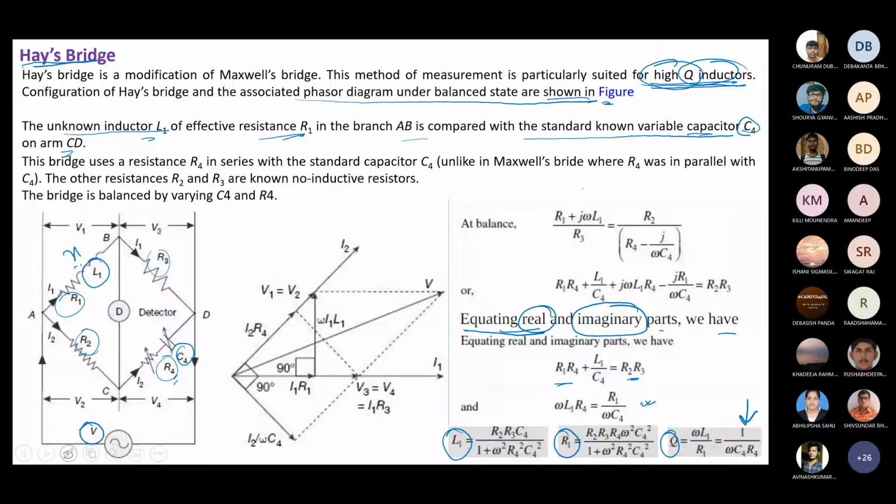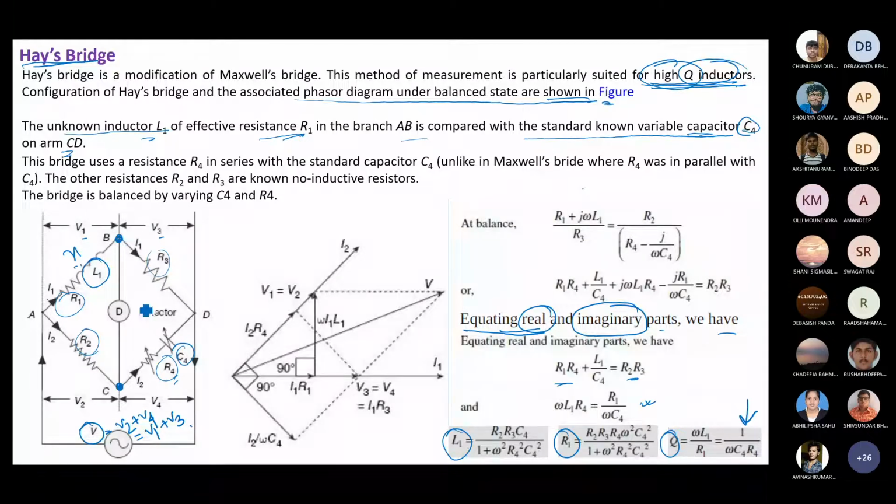You know that V equal to V2 plus V4, or you can say V1 plus V3. In the balance condition, these two points are equipotential points, so no current flows through the detector.